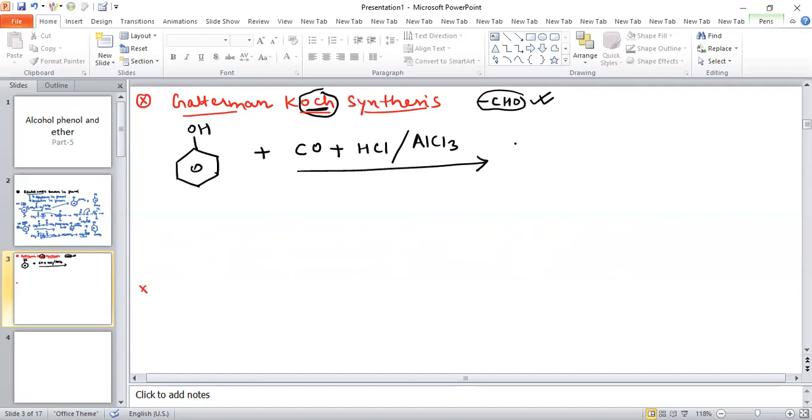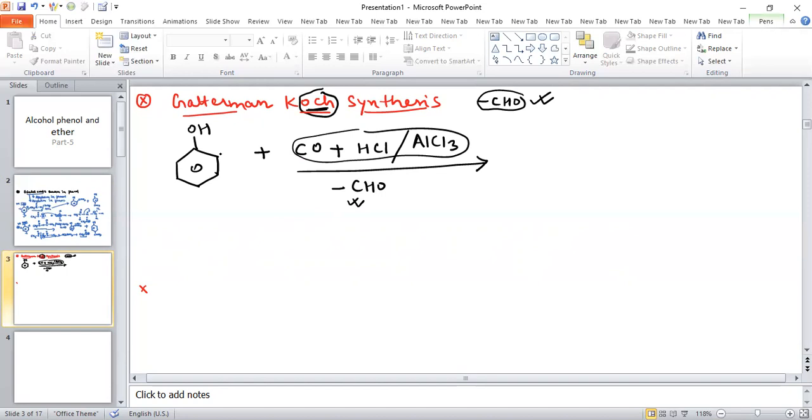These groups will provide the CHO group, and this is generated in the form of an electrophile.